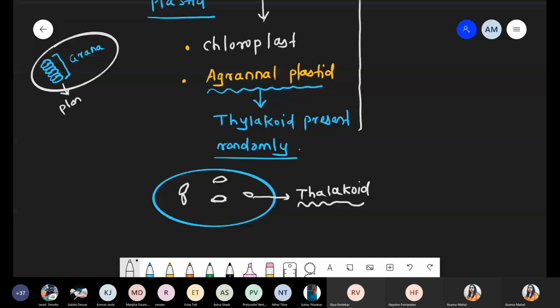Thylakoids will definitely be present, but they are present randomly anywhere, not in a specific arrangement. Such thylakoids are called agranal. Agranal means grana absent. Thylakoid present but randomly, without grana. That's why it is called agranal plastid.